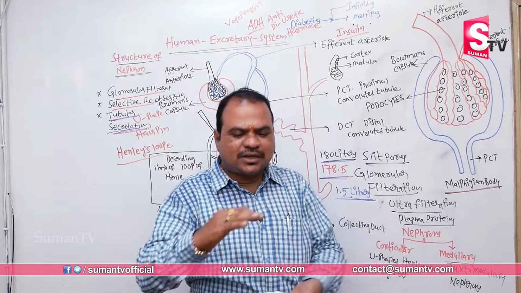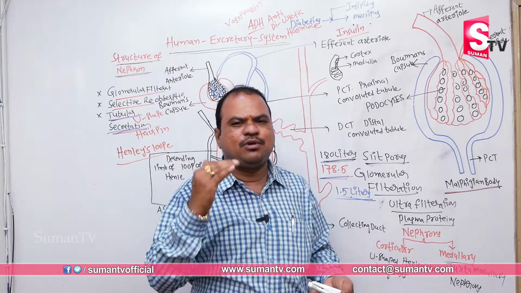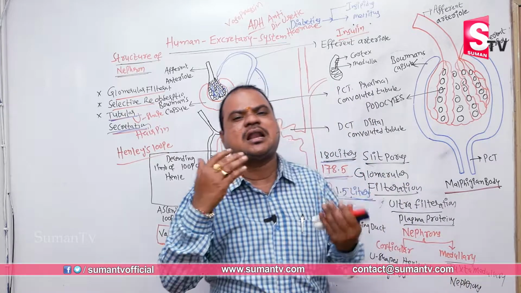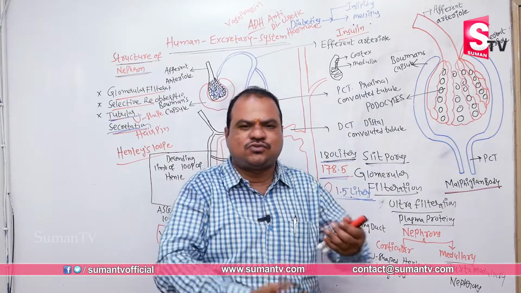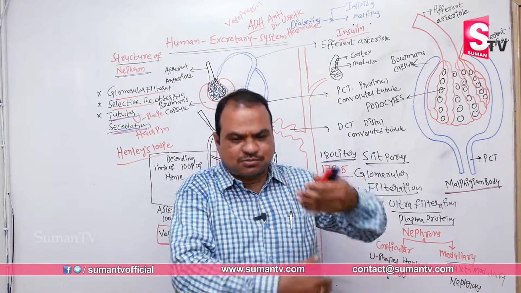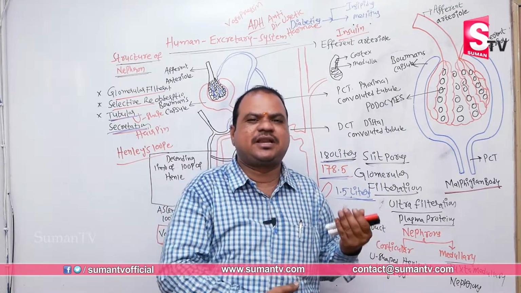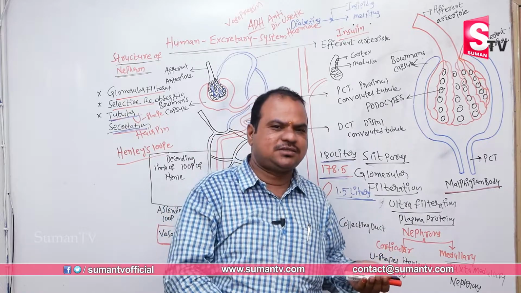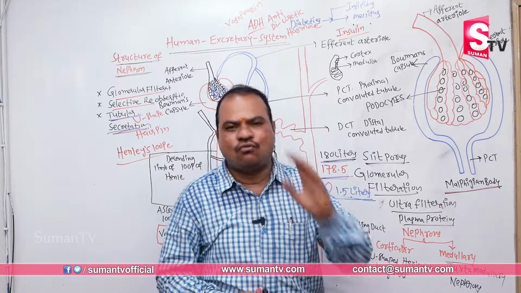Involuntary means, especially below 1 or 2 years, they are unable to control the urine. That's why, whenever we hold small infants, they will automatically excrete their urine. So it is involuntary in infants, but voluntary in adults.